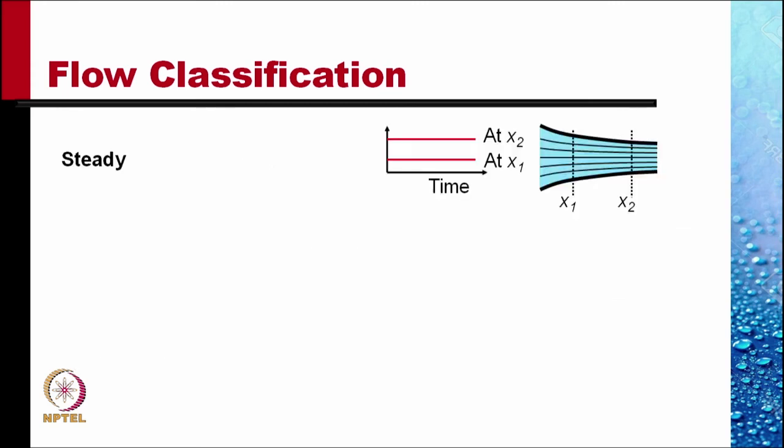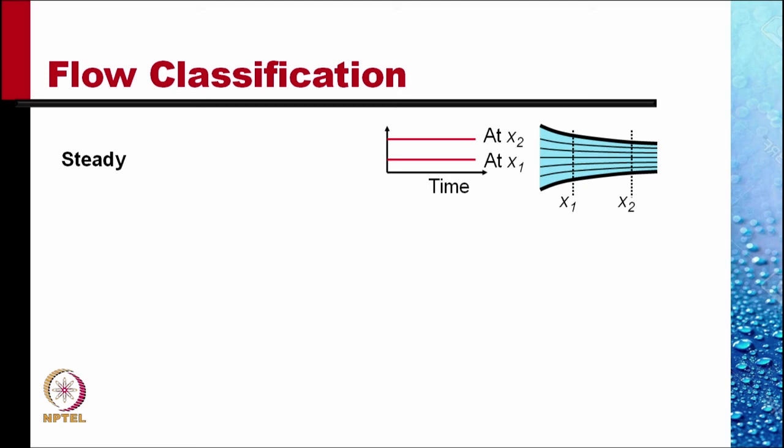Similarly, we have a name, steady flow. Steady flow is that flow field where the properties do not change with time. So at location x1, the velocity is constant with the time, and at any other location x2, the velocity is constant at the higher value for all times.